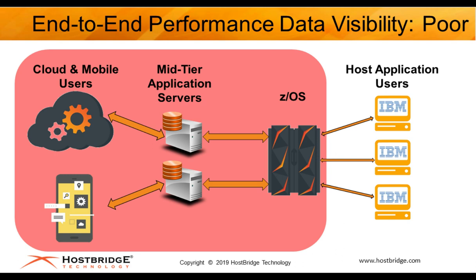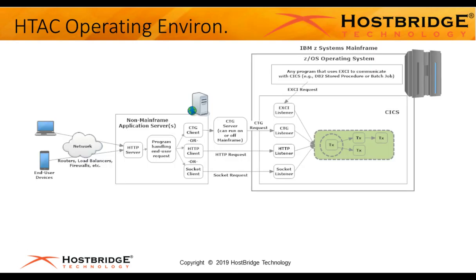So this is the problem we're trying to solve. We're trying to enhance the end-to-end visibility between all the actors, players and components in the distributed world and the mainframe and the CICS transactions that are running on it. Now, I'm going to use this diagram, and I hope you can enlarge it on your screen to see it.